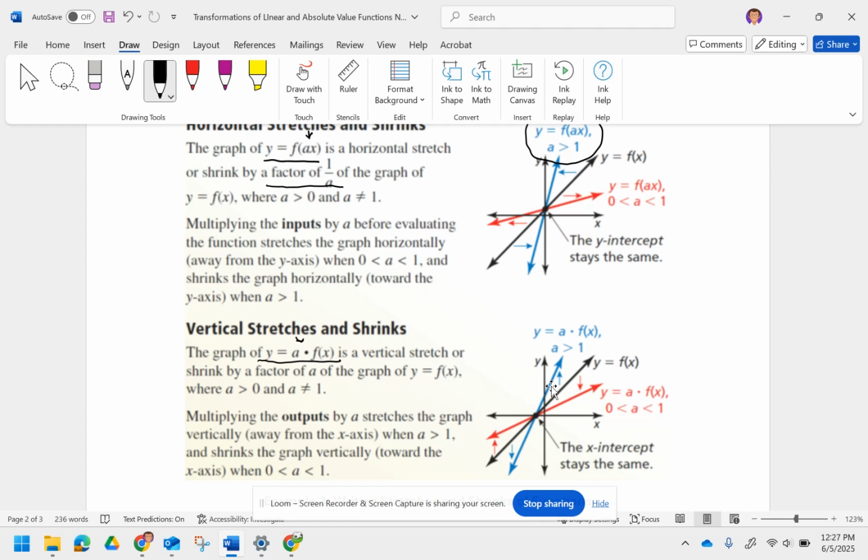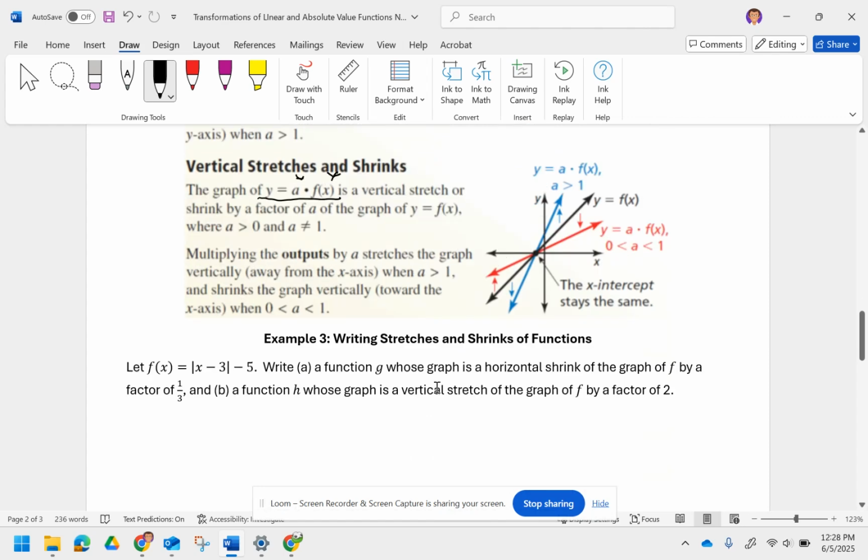However, it is in the equation itself and how it was done that we can identify the exact amounts of by a factor of what. Any vertical stretch could be associated with a horizontal shrink, but it would not always be clear unless we were looking at the actual equation of by what factor.